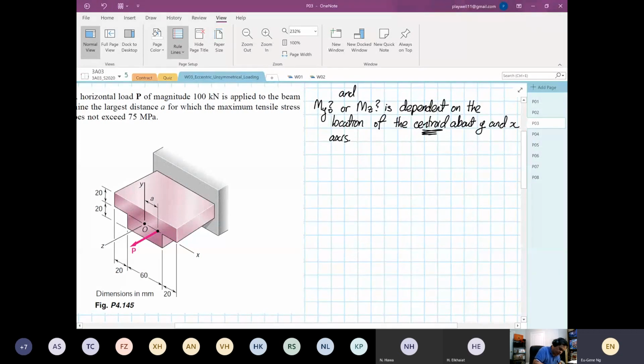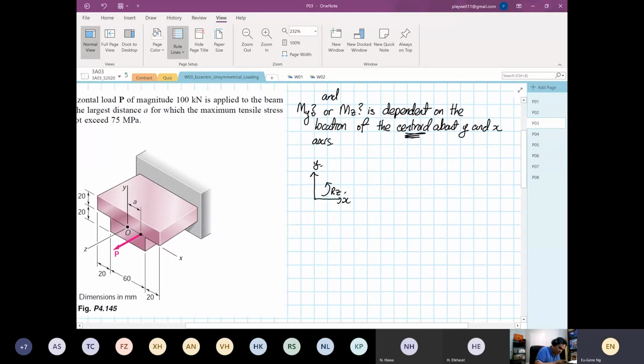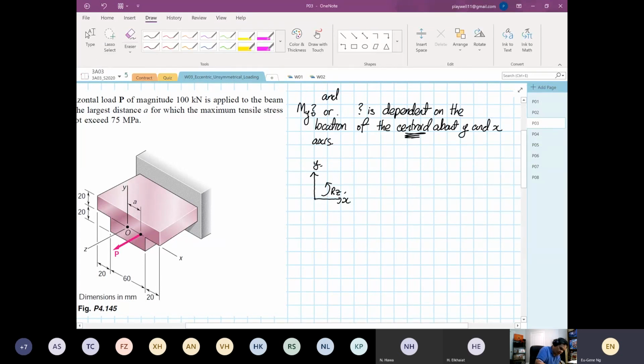So the transformation states that this is our x and this is our y, and then we find our rotation. Sorry, for this case I wrote it wrongly. My apologies. Is it My or Mz?